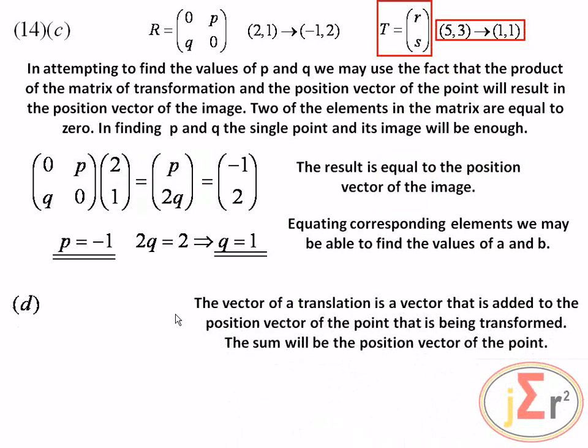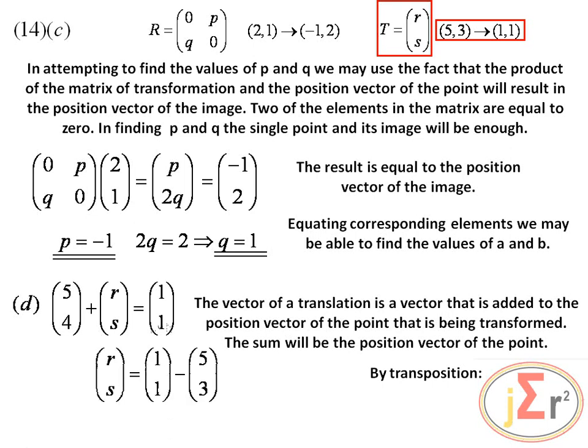Now we have a vector RS that translates the point 5, 3 to its image 1, 1, and we need to determine R and S. So what do we do? The position vector of the object plus the vector of translation is equal to the position vector of the image.